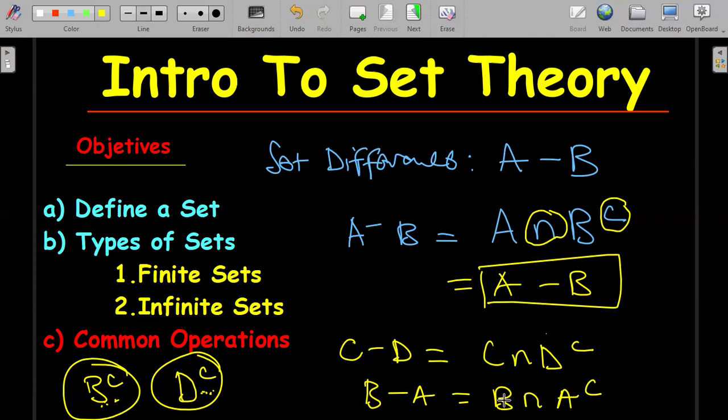On the A intersection B complement, on the set differences, are we finding the complement of B only, or is it A intersection B in brackets, then complement? No, we are finding the complement of B only. Oh, okay. Yes. All right.